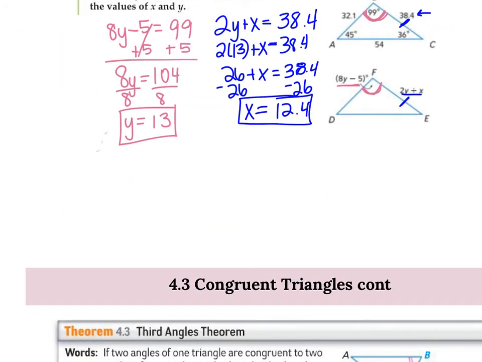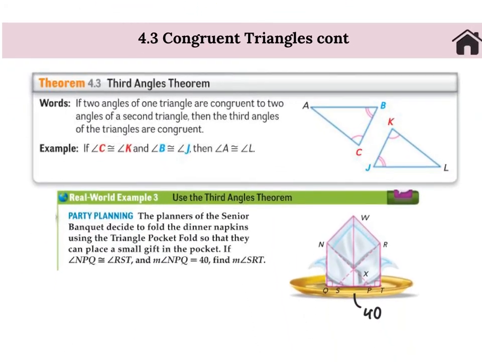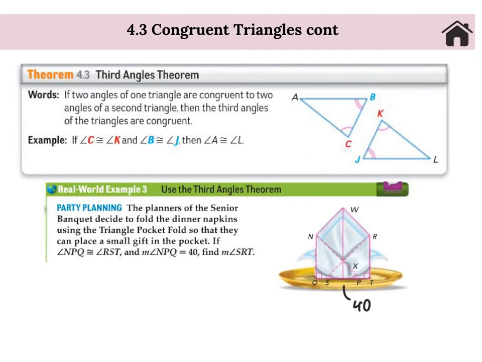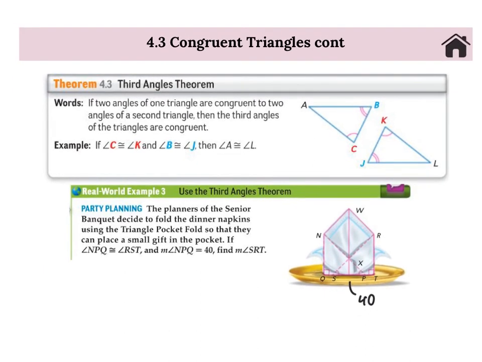Okay, 2 more examples. This is congruent triangles continued. So we had 2 theorems we learned yesterday. Here is a third theorem that we're going to learn. This is called the third angles theorem. If 2 angles of one triangle are congruent to 2 angles of a second triangle, then the third angles of the triangles are congruent.